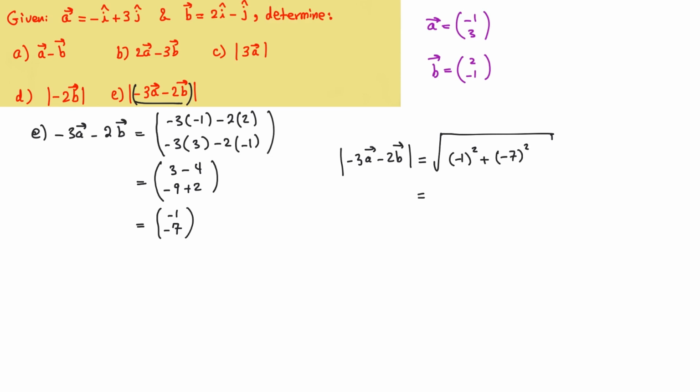Putting this into our calculation, we get 1 plus 49, and that's square root of 50. This can be broken down to square root of 25 multiplied by 2, which is the same as 5 root 2 as our final answer.